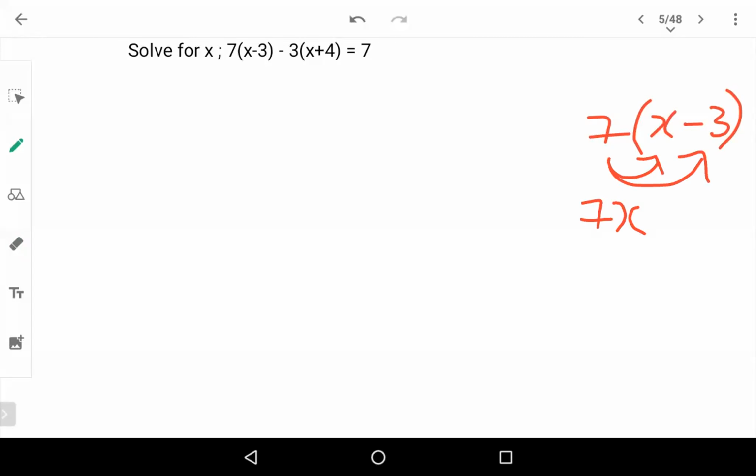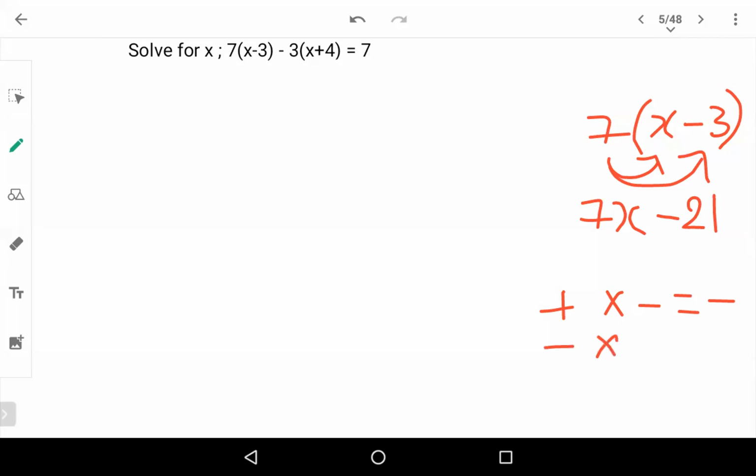Understand, plus into minus is equal to minus. In most of the cases, this is what we consider, but in few cases, we will be considering the bigger number sign. For now, understand plus into minus is minus.